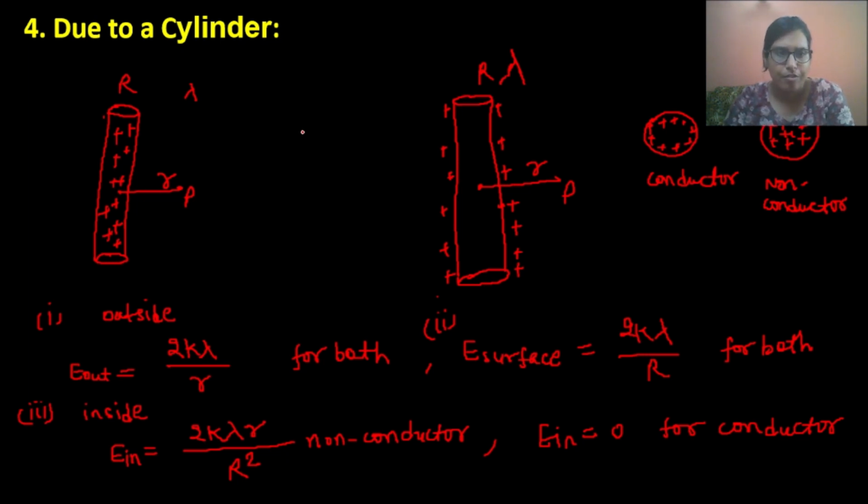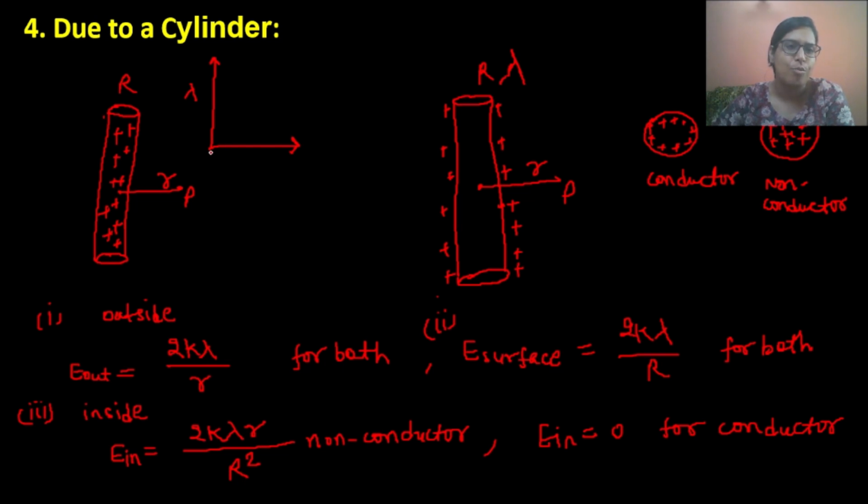Now if we see the graph, the graph will be different for non-conductor and conductor. So if we draw the graph here, for non-conductor, r equal to 0 to capital R, that means inside the cylinder, E is directly proportional to r.